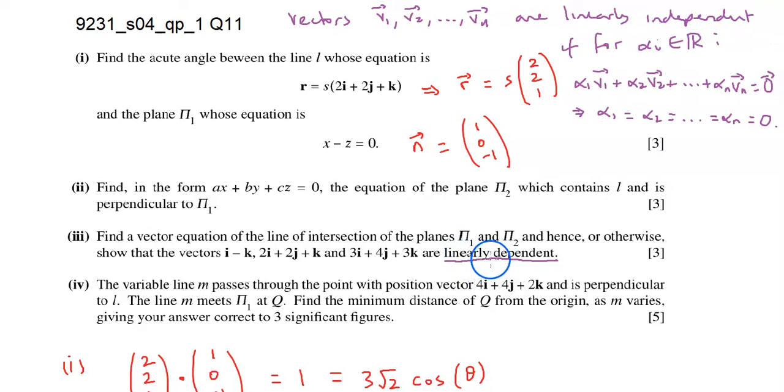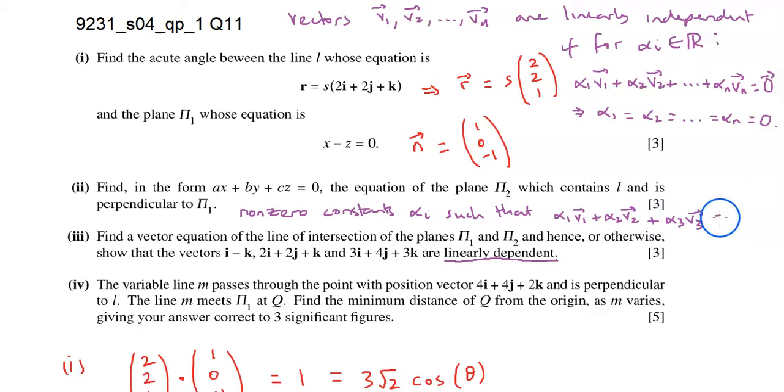Now here we have linearly dependent, so that means there are non-zero constants alpha i such that alpha 1 v1 plus alpha 2 v2 plus alpha 3 v3 is equal to the 0 vector.